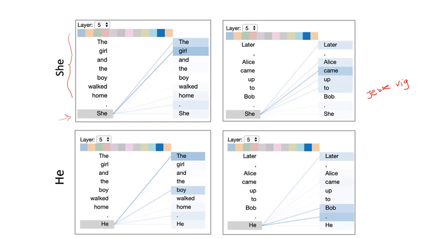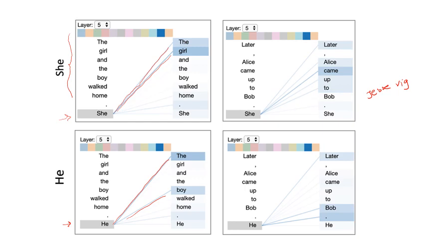If you look at the self-attention, you can see that she basically refers to the girl. So it has a high coefficient. But if the next sentence starts with he, then he will refer to the boy, not the girl. This is called co-reference resolution: who she refers to, who he refers to.